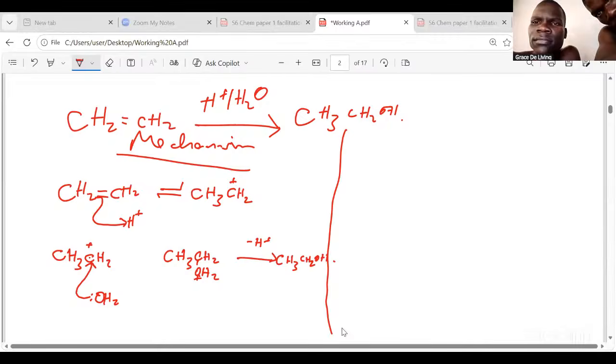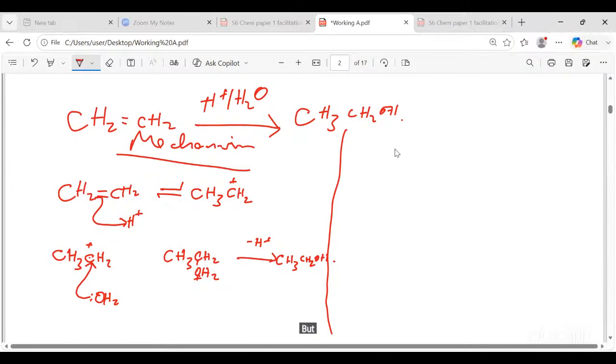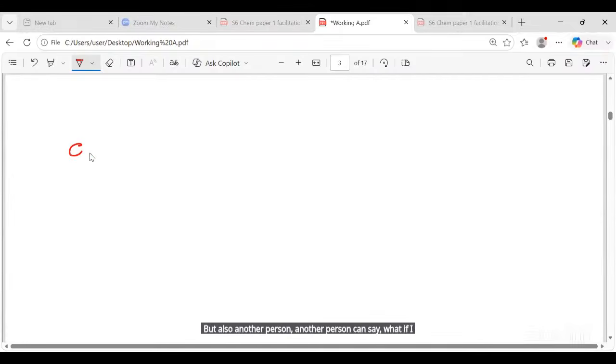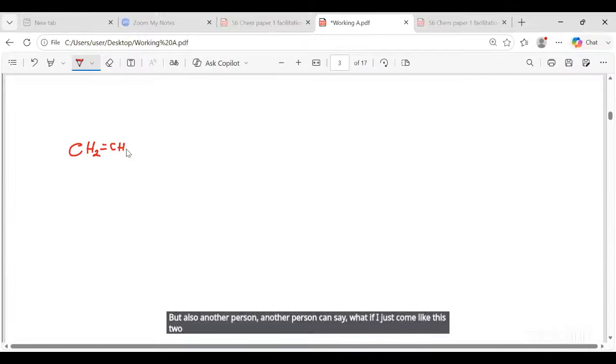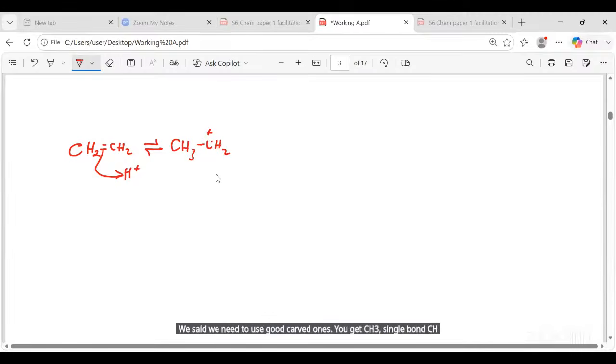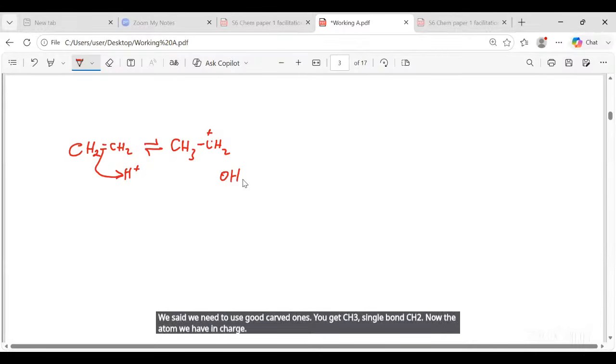But also another person can say, what if I just come like this, CH2, CH2, and we said we need to use good curved arrows. You get CH3, single bond, CH2. Now that one will be having a charge. Then you bring our water with lone pairs. You move on.